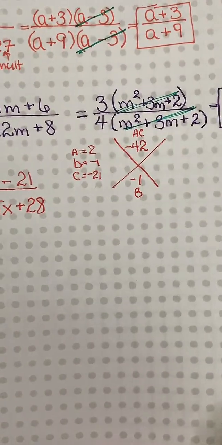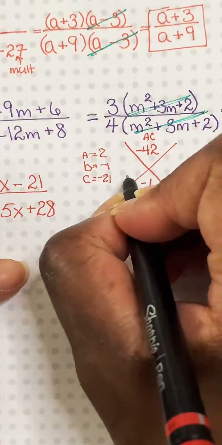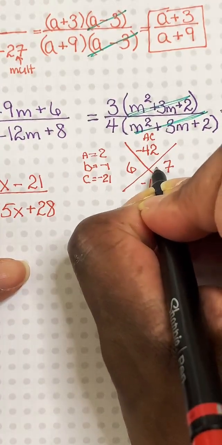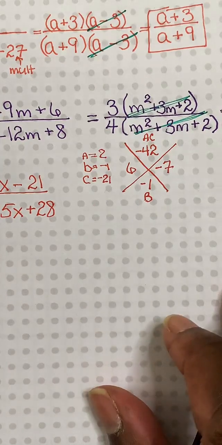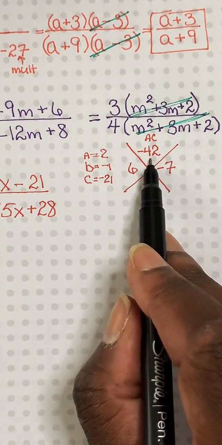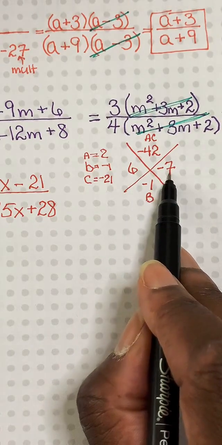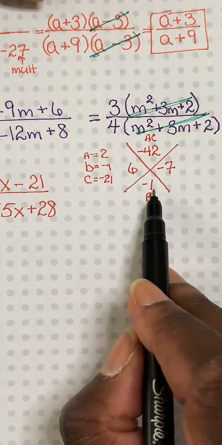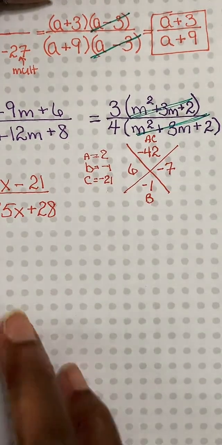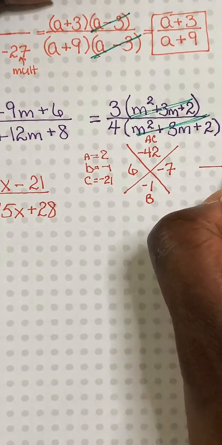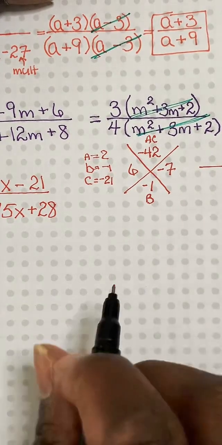So coming back here, we have 6 and 7, and the 7 is going to be negative. Because 6 times negative 7 gives me negative 42, and 6 plus negative 7 gives me negative 1. So now, a lot of you guys like to do the middle term. I kind of like my fractions.